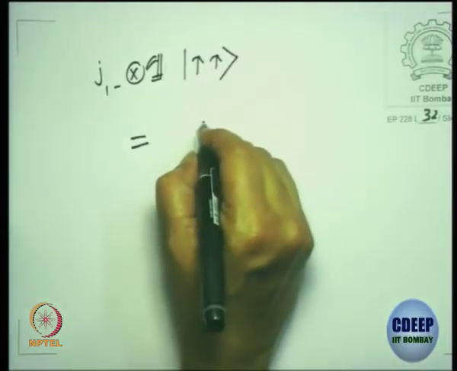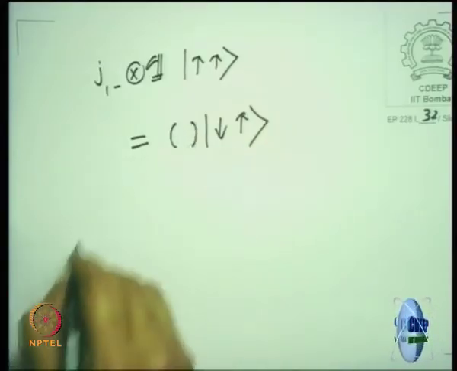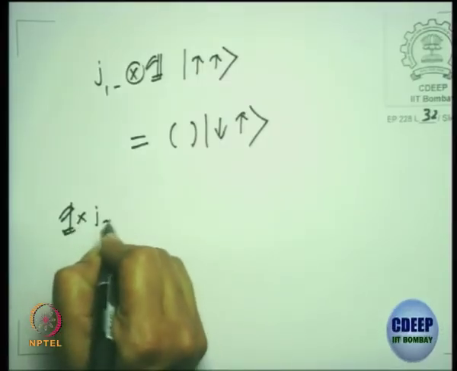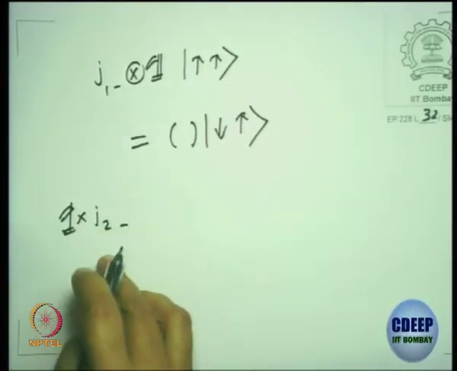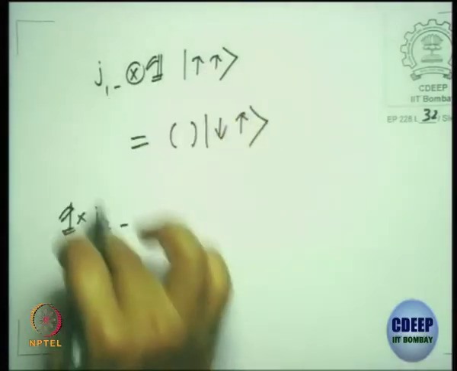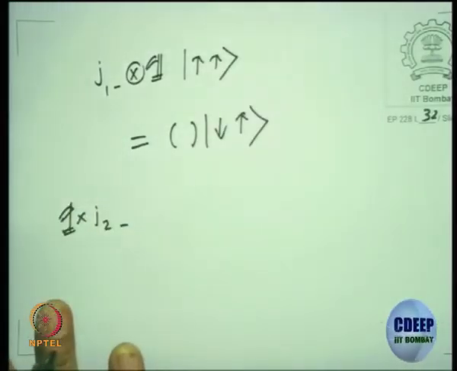What is this coefficient? You should remember this 1 and 2, I am just putting it to know that it should operate on the first state and on the second state. As an operator, it is just a lowering operator.